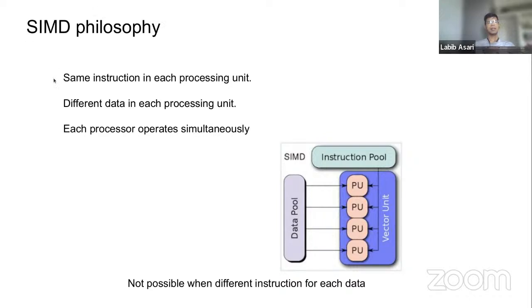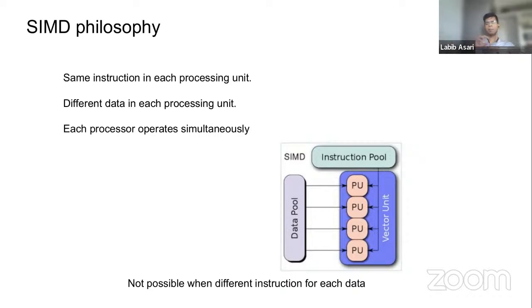SIMD says that when we have a single instruction, say the instruction could be convolve an image, and we have multiple data points on which we have to execute that instruction. Say we have an image which has 1,000,000 pixels, and we have to convolve that image. This is a very common operation in astronomy.